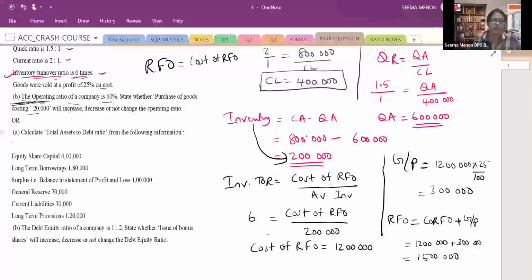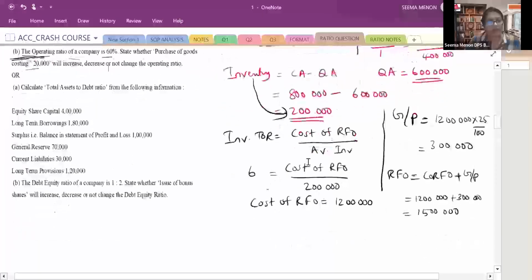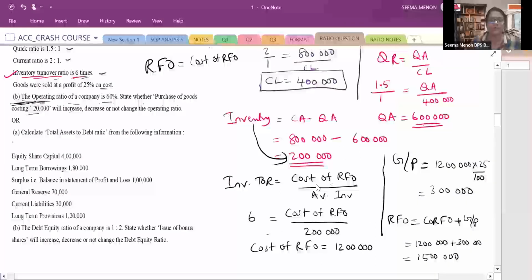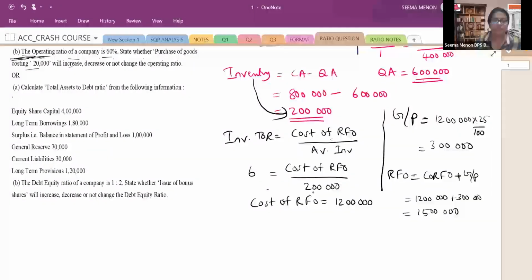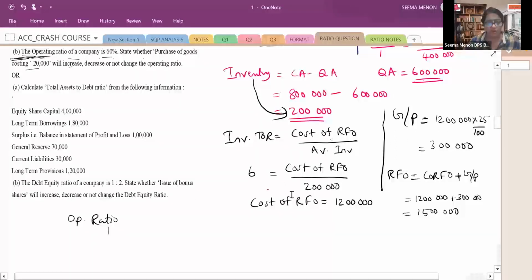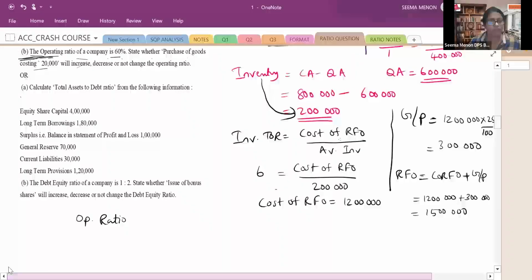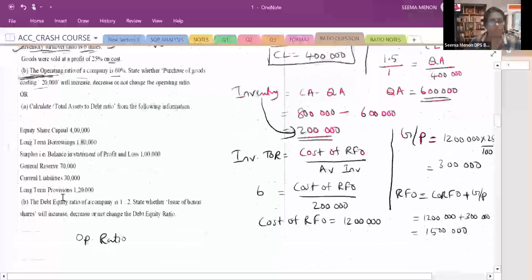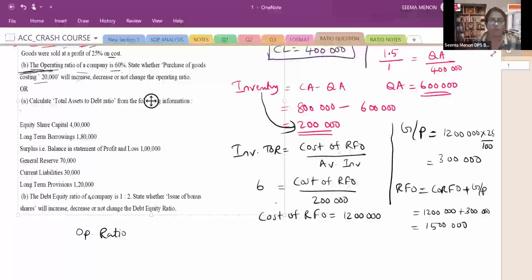So how will you explain? We know the operating ratio formula: operating ratio is equal to cost of goods sold, or cost of revenue from operation, plus operating expense, upon revenue from operation.